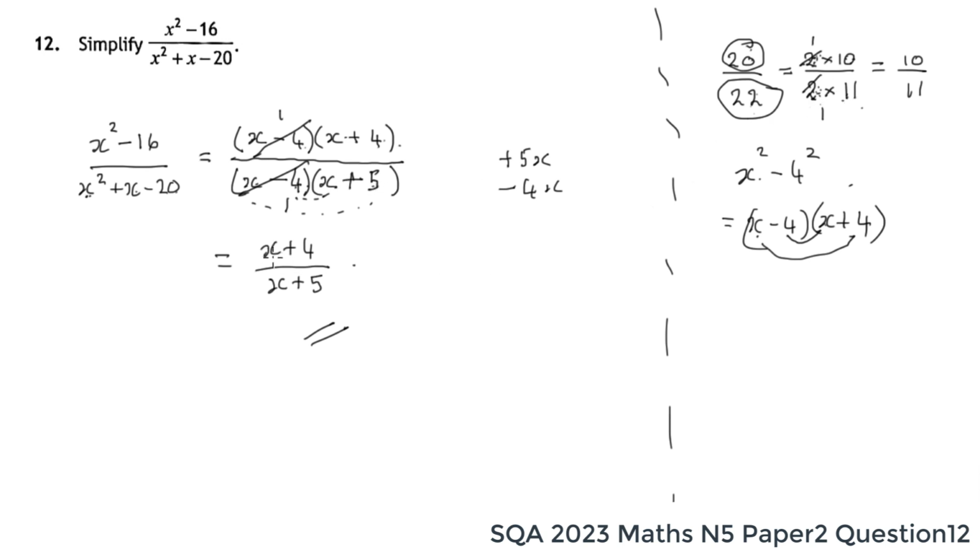And at the end, 6 plus 4, 10, 6 plus 5, 11. So that numerical example I gave you at the start is one example of this. We could put in x equals 7, x equals 8 and so on, and they would still all work. So there's your answer, x plus 4 over x plus 5 is the simplified form of this algebraic fraction.